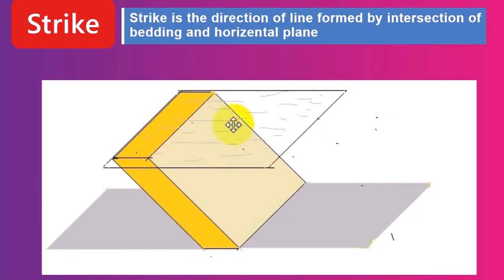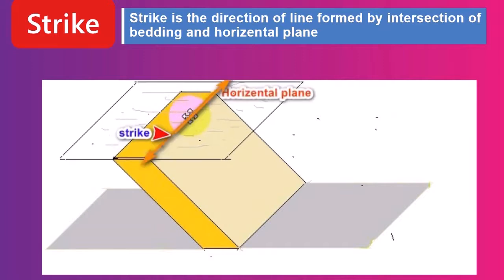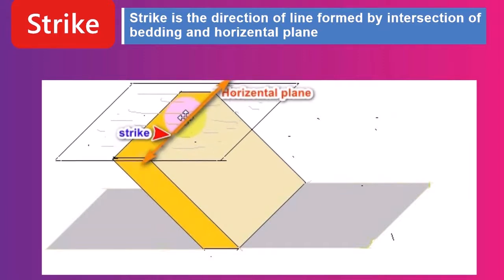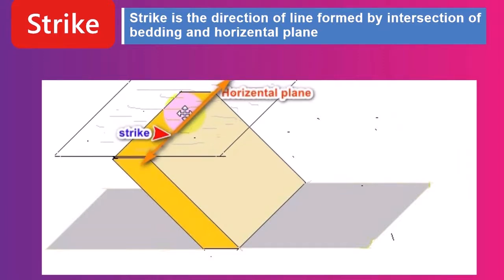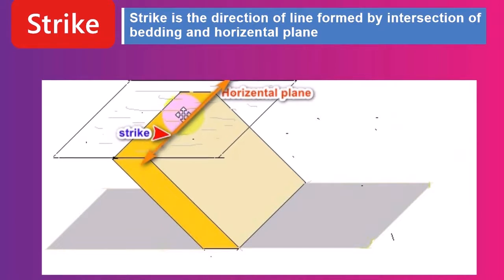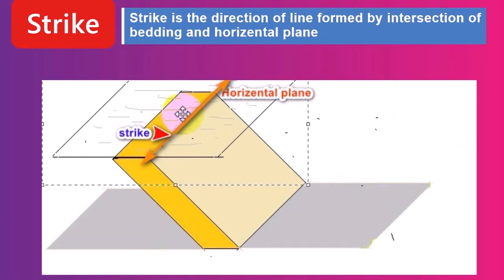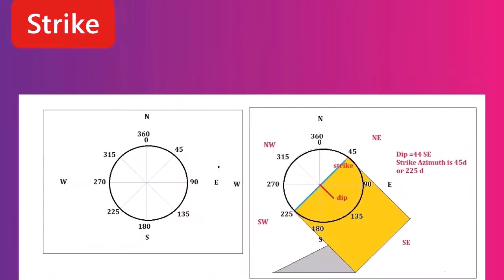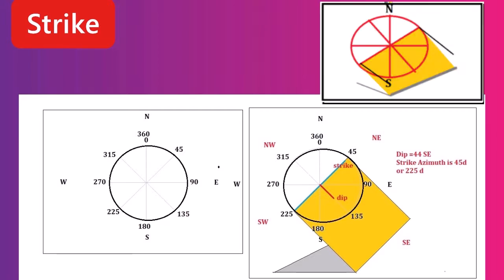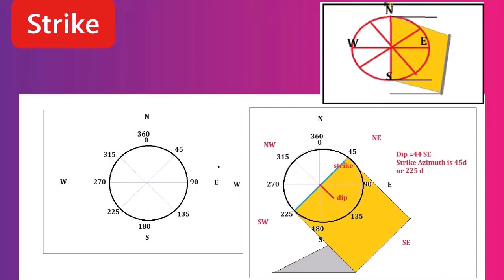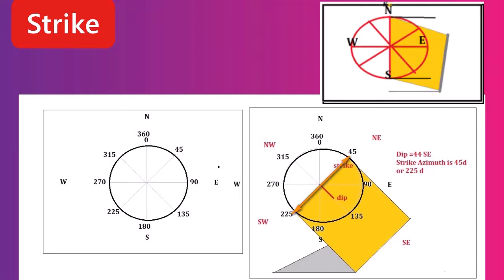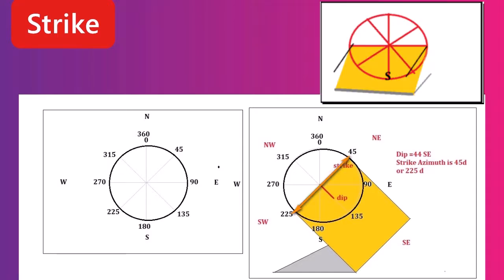Strike is the direction of the line formed by the intersection of bedding and the horizontal plane. As we know, the direction of the line along which an inclined bed intersects a horizontal plane is known as the strike of the bed.